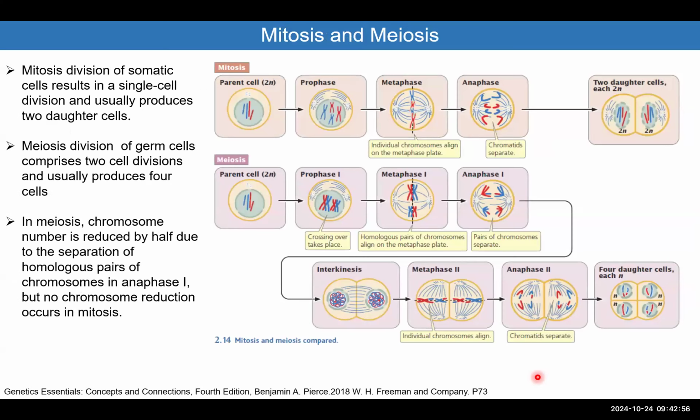Okay, now for the next couple of slides, I want you to recall one important notion about meiosis and mitosis. Probably you already know this, and I can see that you have a good background.